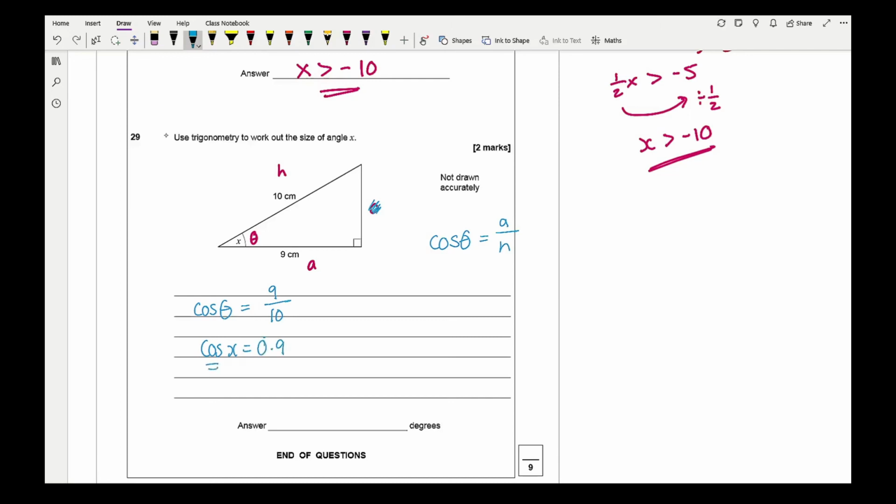Then to get rid of the cos, I need to do inverse cos of 0.9, which equals x. If I type that into my calculator, inverse cos of 0.9 gives me an answer of 25.8 degrees to 1 decimal place. And there is our final answer.